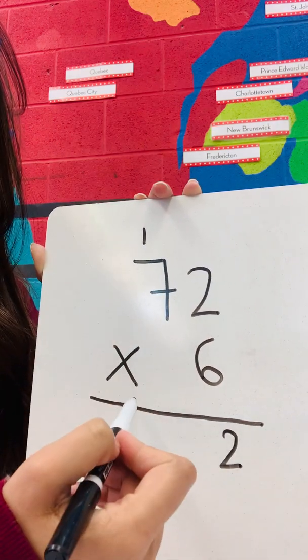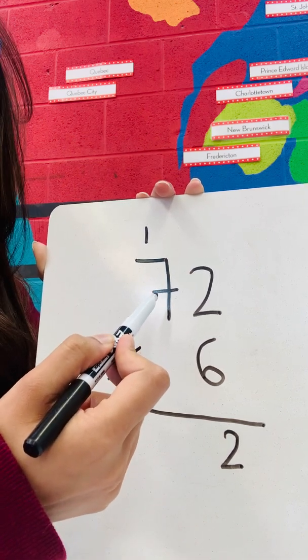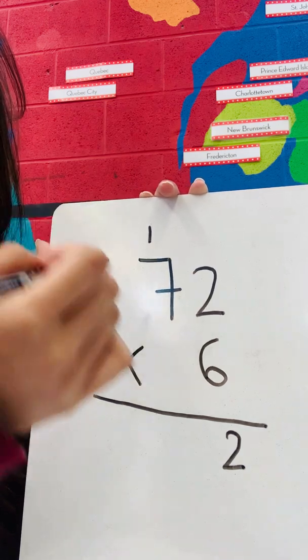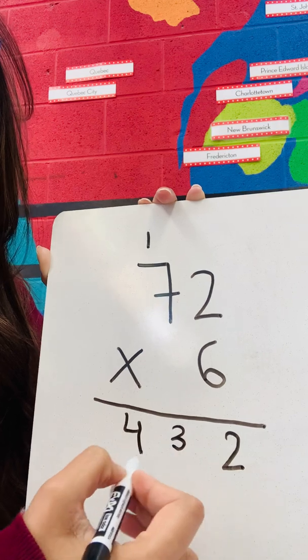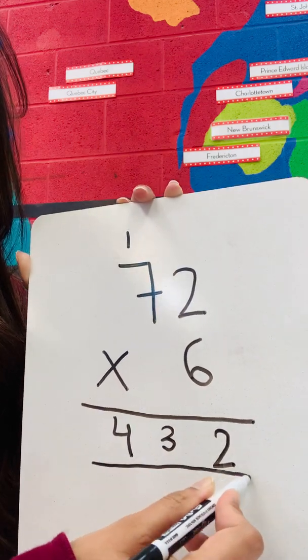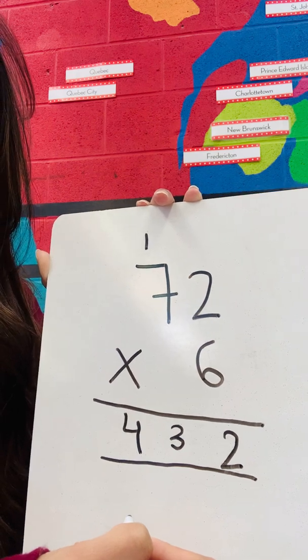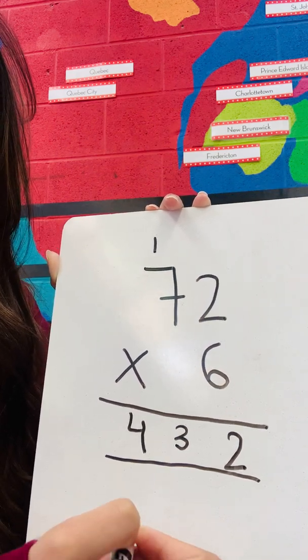So 6 times 7 gives me 42, and I am going to add my 1 at the top, which makes it 43. So my answer is 432. So that means how many times does it beat in 6 minutes?